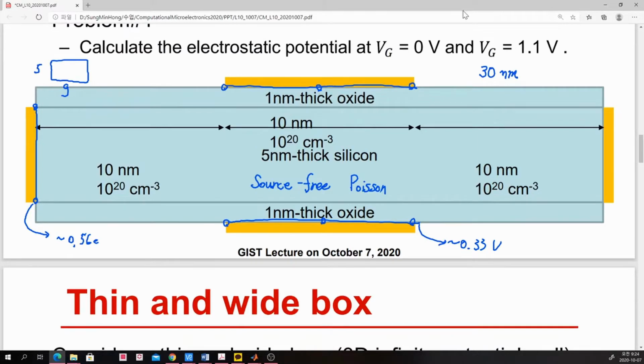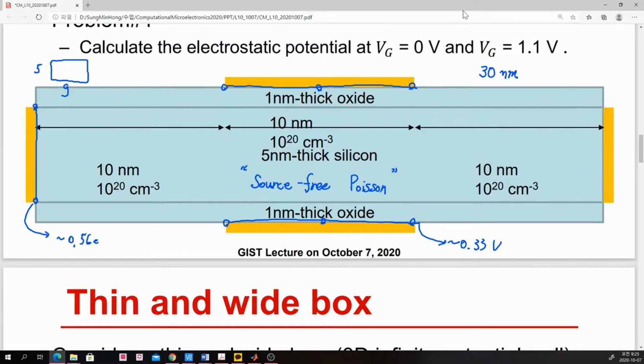My recommendation is to first build a source-free Poisson equation solver. As you know, that is just a one-shot problem. You can just solve it and see whether your system can yield a correct answer.